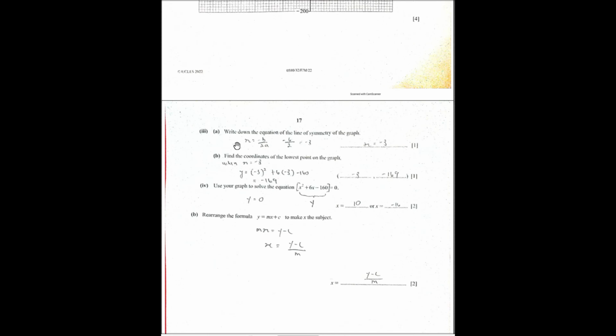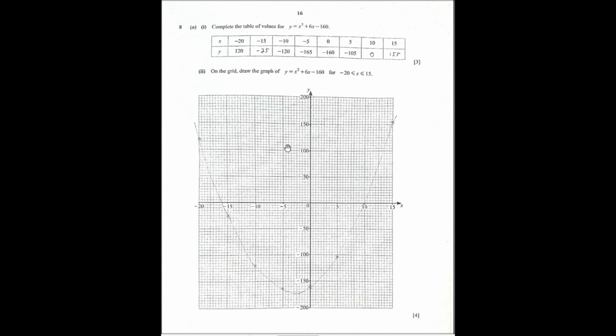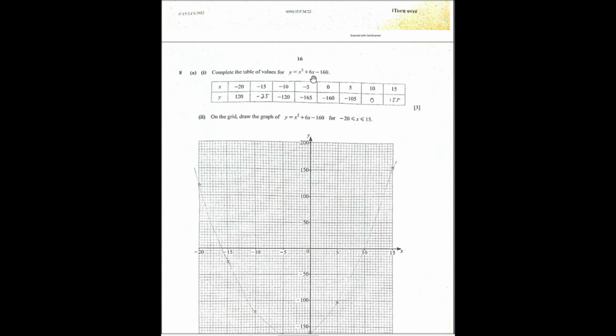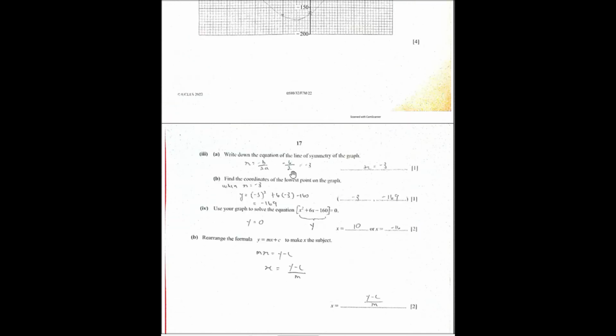Now, the question says, write down the equation of the line of symmetry of the graph. To find the equation of the line of symmetry, we use x is equal to negative b over 2a, where our b represents this part of the equation, which is 6, and our a is the coefficient of x squared.